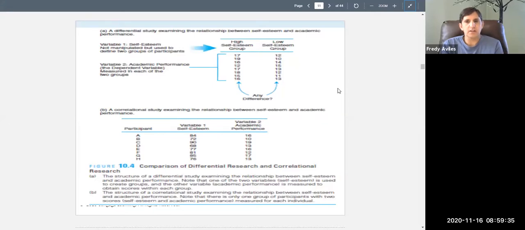You do a correlational study, and you find that there's a correlation between age and self-esteem, a negative correlation, let's say. That means the older participants are, the lower their self-esteem.